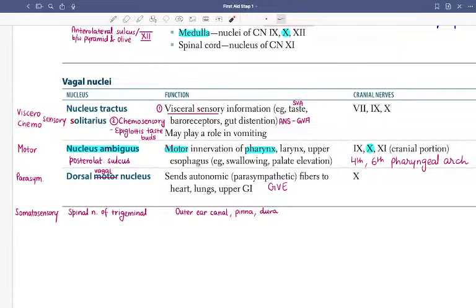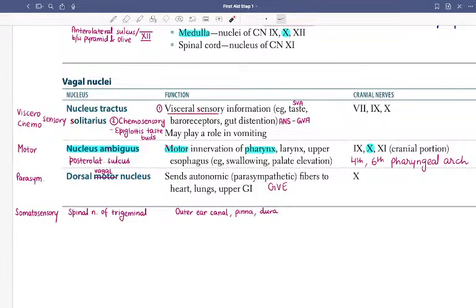Next is nucleus ambiguus. So nucleus ambiguus is simply that the glossopharyngeal nerve was one of the inputs.